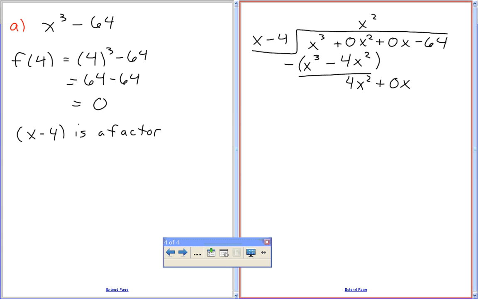Okay, who else took this course last semester? John, what do you do next? Let's find out how many times x minus 4 goes into 4x squared. That would be once. Or 4x. 4x, love it. Okay, 4x times x is 4x squared minus 16x.